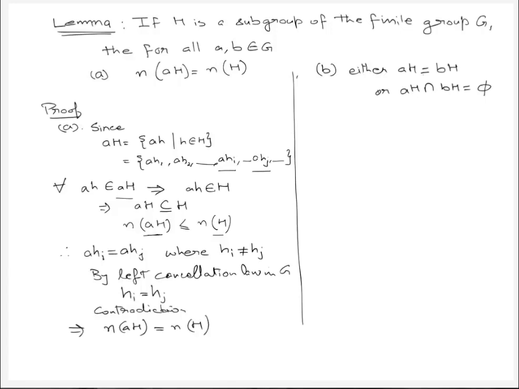Now comes the (b) part. For the (b) part, assume that aH and bH are not disjoint.